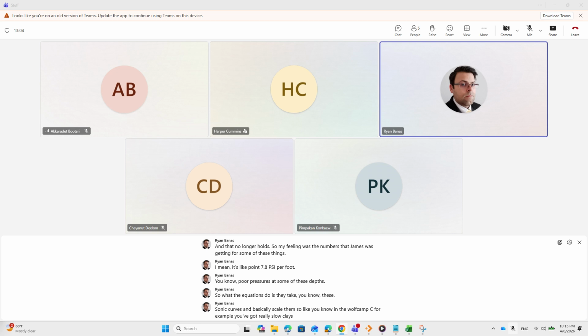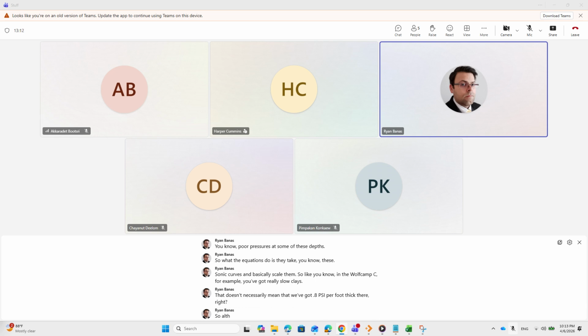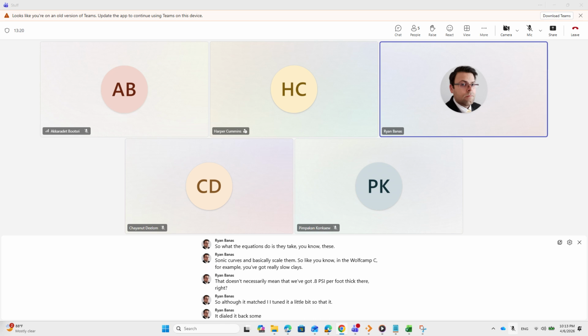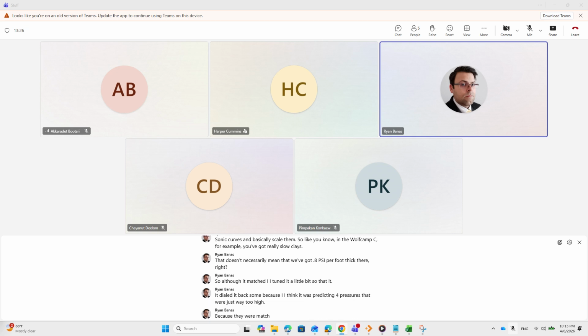That doesn't necessarily mean that we've got 0.8 psi per foot there, right? So although it matched, I tuned it a little bit so that it dialed it back some, because I think it was predicting pore pressures that were just way too high because they were matched to that mud weight data.